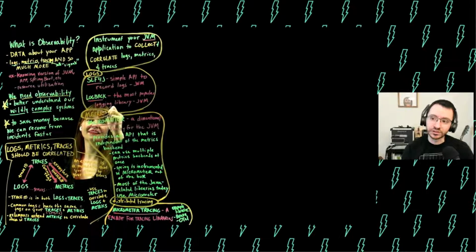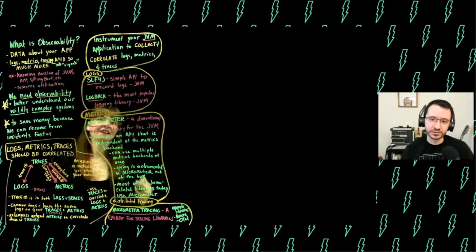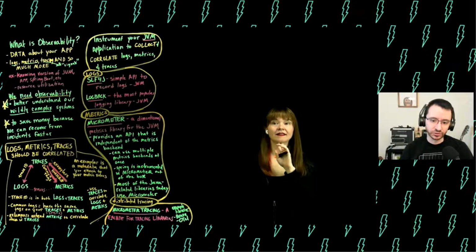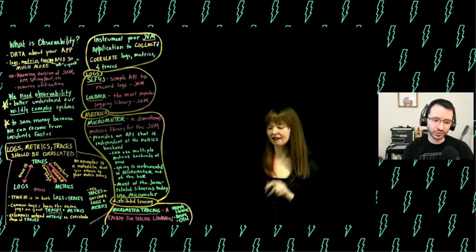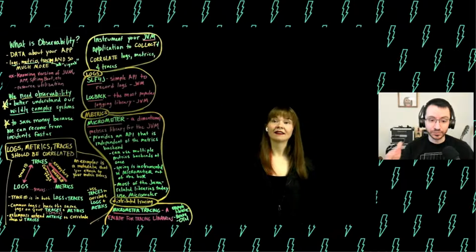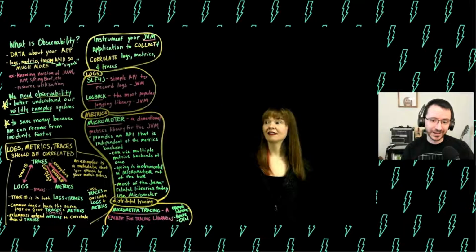So the onboarding experience: the easiest thing that you can do is add Spring Boot Actuator to your classpath, to your Spring Boot app, and then you will get support for all of these. From that, you then need to decide where you want to ship this data, so you need to write some configuration.